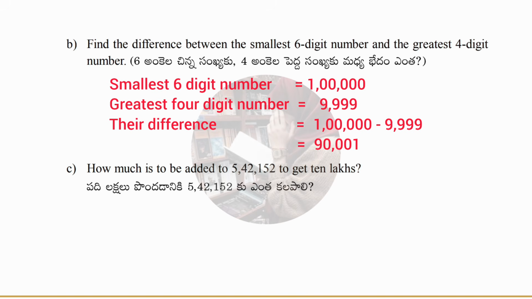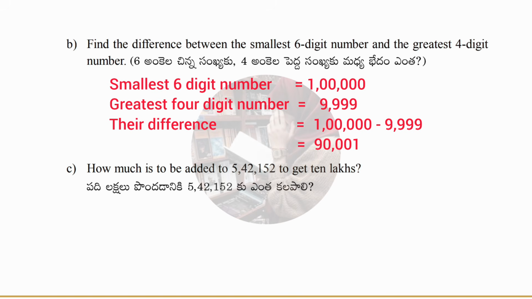And the greatest 4-digit number is 9,999. Now we have to find the difference, means we have to subtract. So 1 lakh minus 9,999 is equal to 90,001. Understood, guys? This is a very important question. Please mark it and do these type of questions.